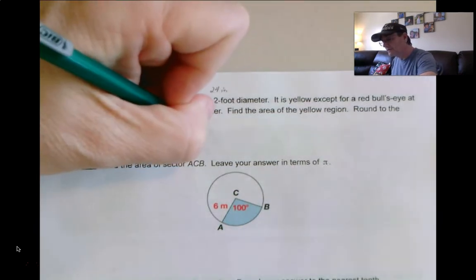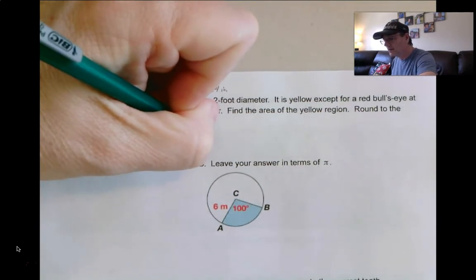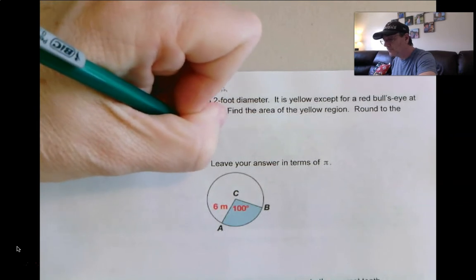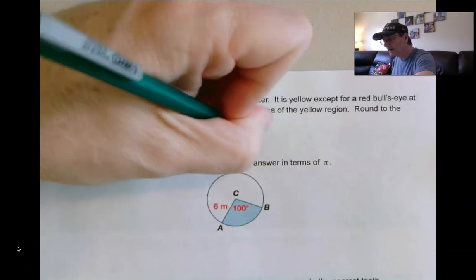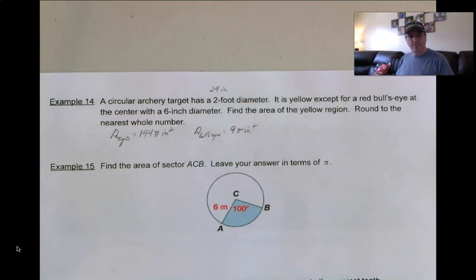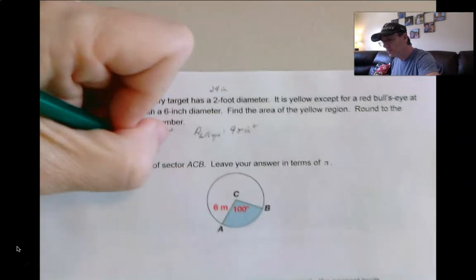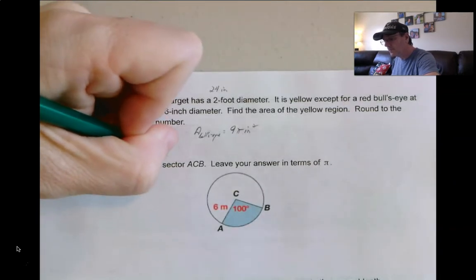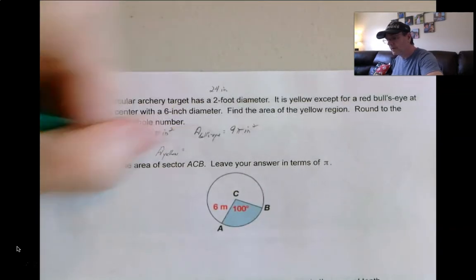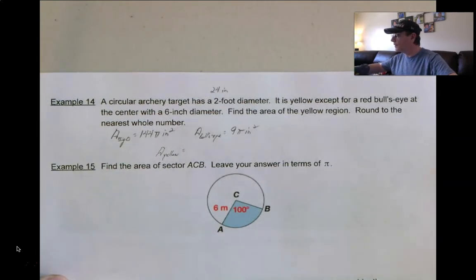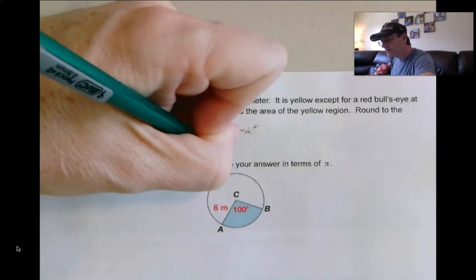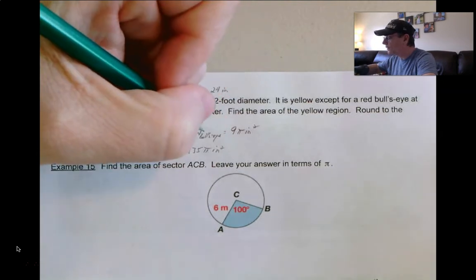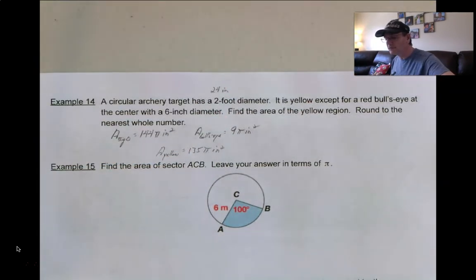The area of the bullseye is equal to 9 pi inches squared. So the area of the yellow is equal to 144 minus 9, 135 pi inches squared. And we want to round this to the nearest whole number.